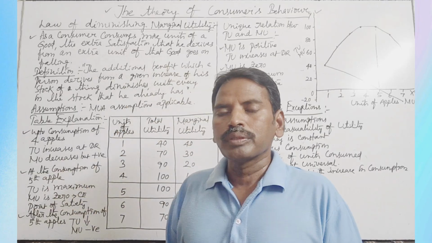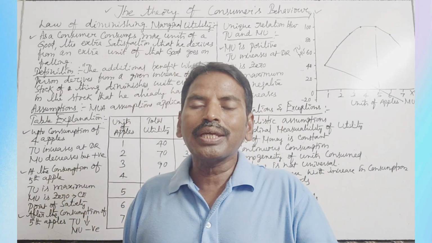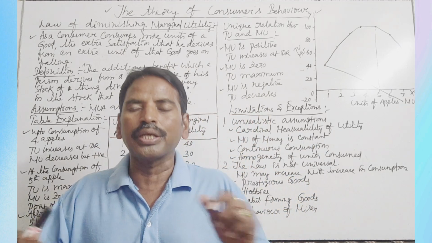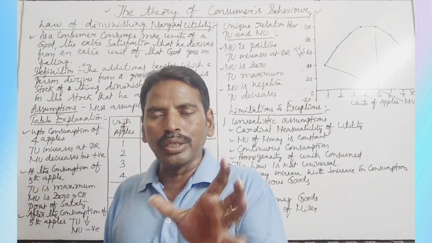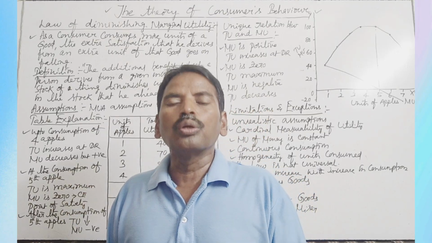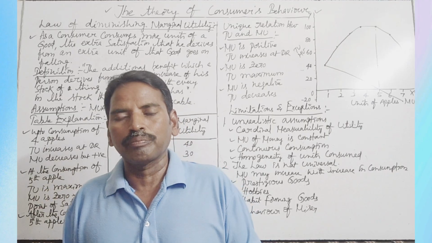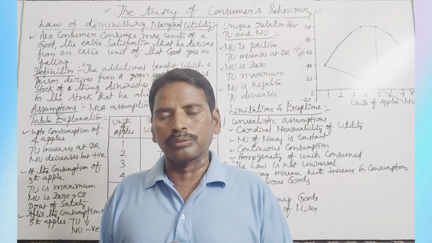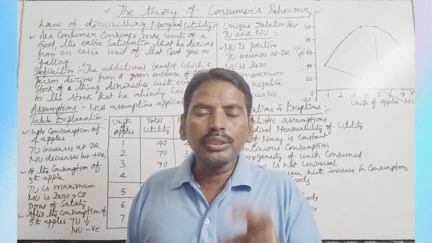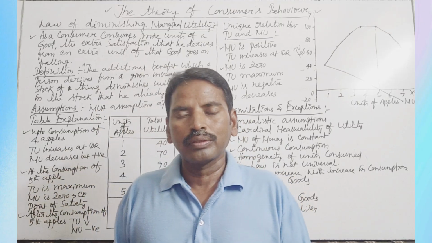Assumption number 2, cardinal measurability of utility. Utility can be measurable, utility is a quantifiable entity. Assumption number 3, units of a commodity should be homogeneous in nature or identical in all aspects. That means perfect substitutes. Assumption number 4, units of a commodity should be divisible in nature.